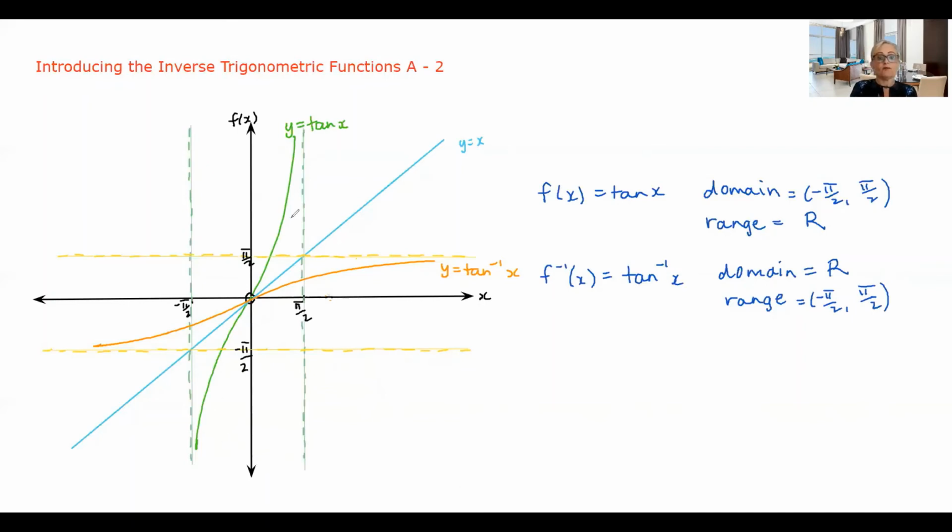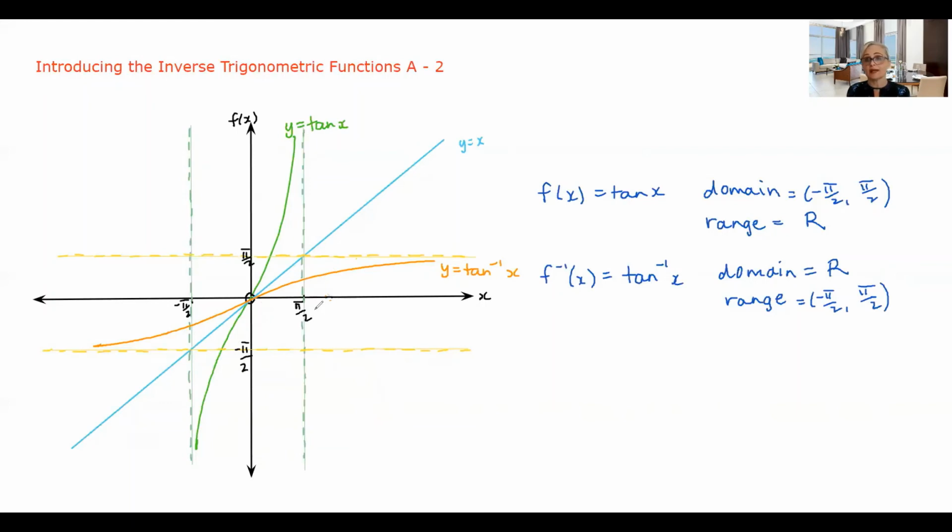So obviously, in order to have a function as our inverse, we only take one section of this tan of x graph, and the section we take is between negative pi on 2 and pi on 2. Again, when we get our reflection in our line y equals x, this is what we get for y equals inverse tan.